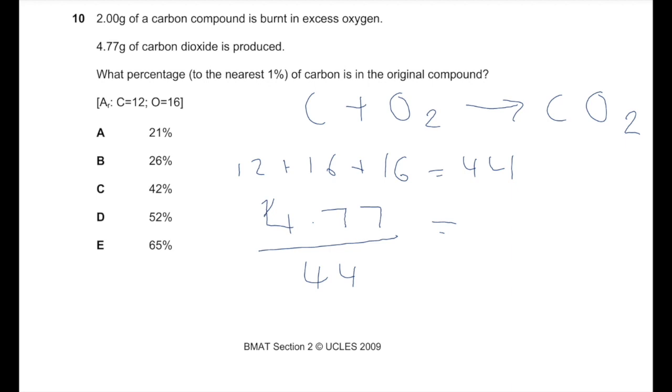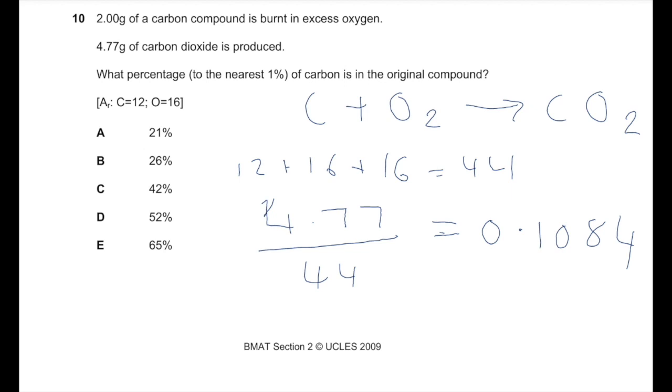And using some long division, I won't demonstrate it here, the answer comes to 0.1084. Knowing that there is a 1-to-1 ratio between carbon dioxide and carbon, we also know that there is 0.1084 moles of this carbon compound.